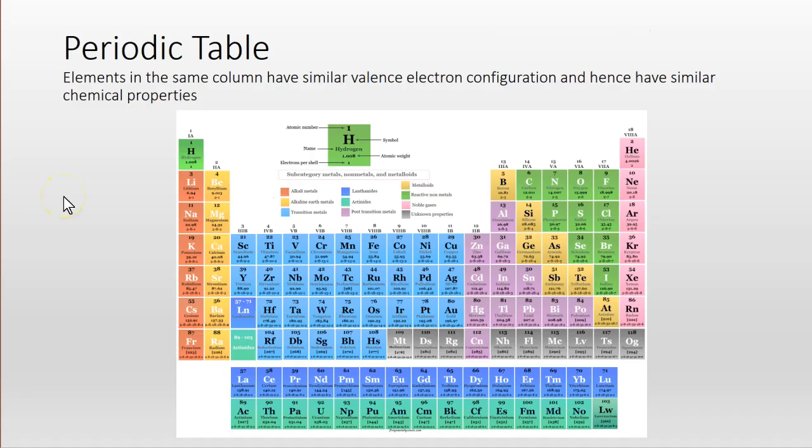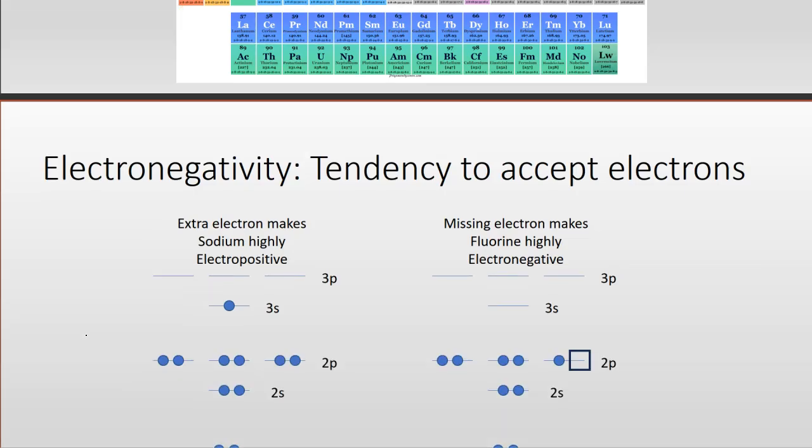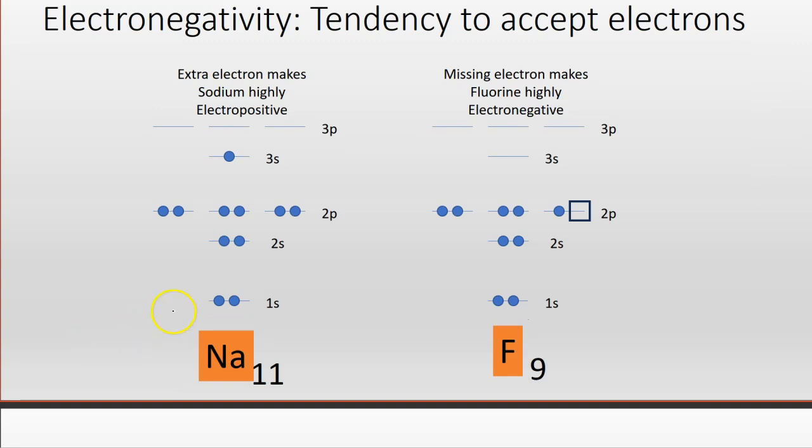In the periodic table, elements are arranged into columns, with each column having elements with a similar valence electron configuration, and hence having similar chemical properties. An important concept is electronegativity, which is a term developed by Linus Pauling. It relates to the tendency of an atom to accept electrons.